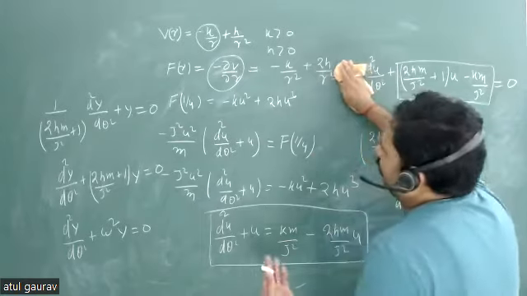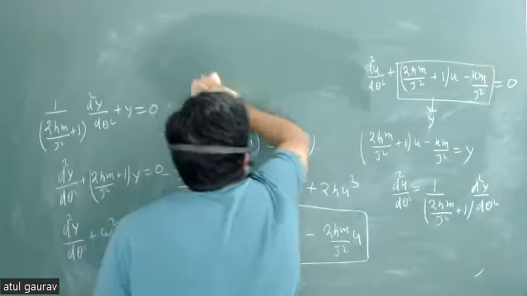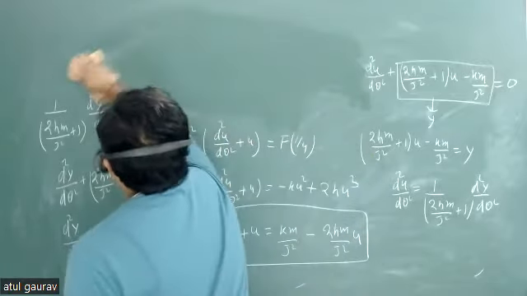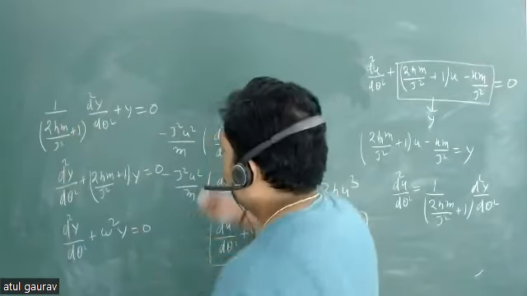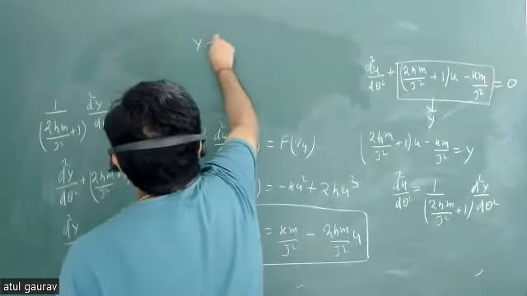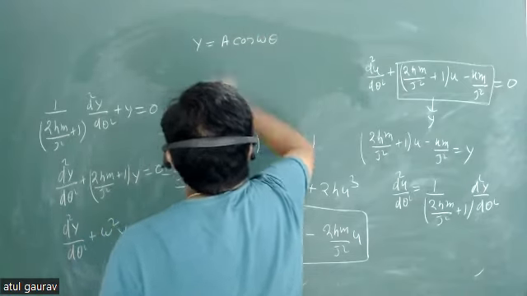I can take the cos term; whether it is sin or cos depends on the initial condition, but I am deliberately taking the cos solution. So y is equal to a cos omega theta.